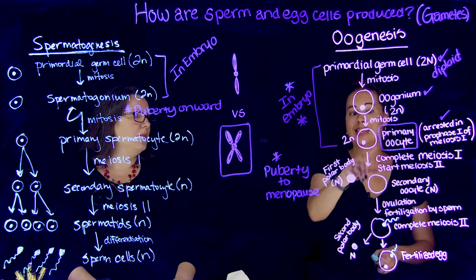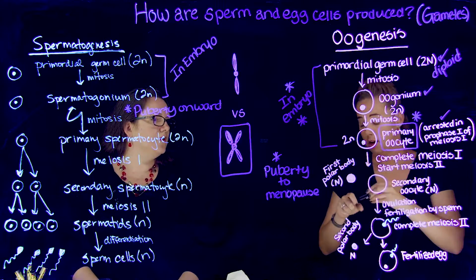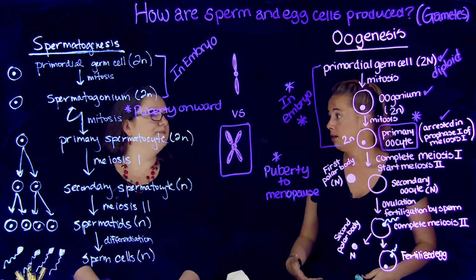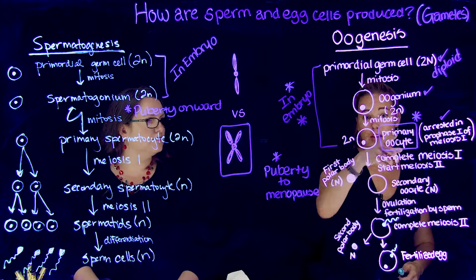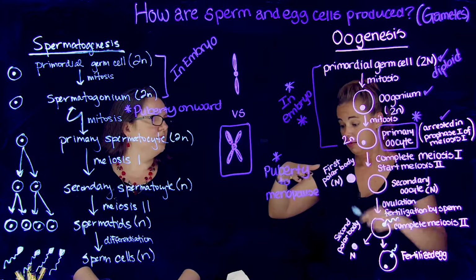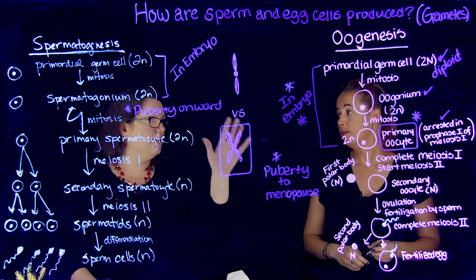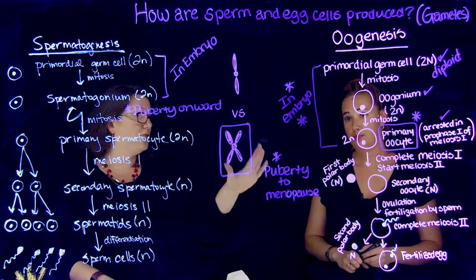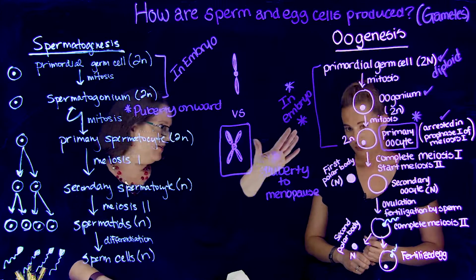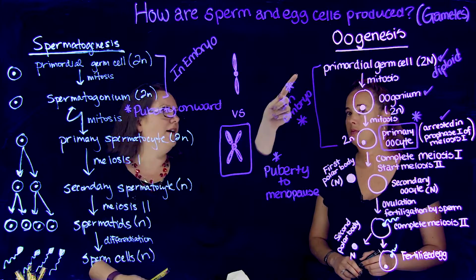So this is your limitation right here, in that my female baby is born with as many oocytes as she's ever going to have. And then the clock starts ticking once we hit puberty. During gestational development, as baby girl is growing and developing in mom's uterus, this is happening.